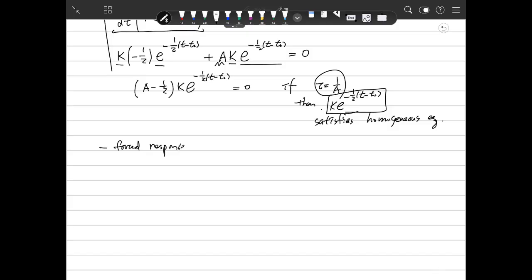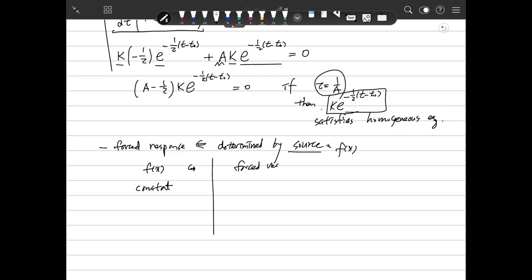The forced response is determined by the source. The source here is f(x). So if f(x) is constant, then the forced response x_f(t) is constant.